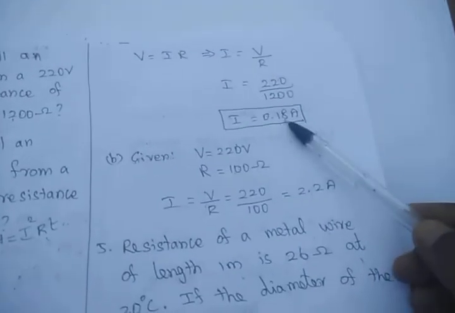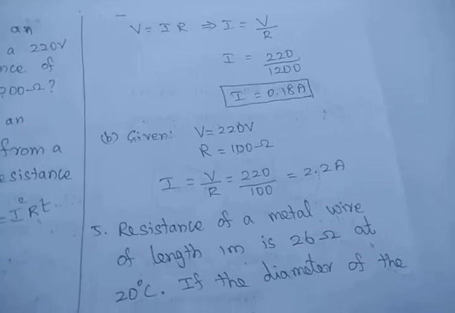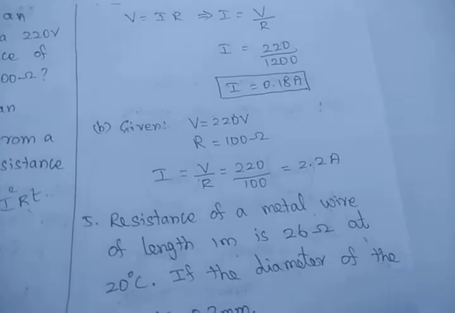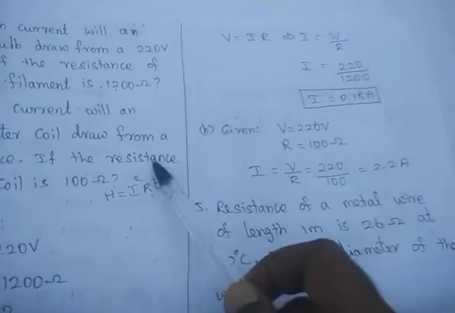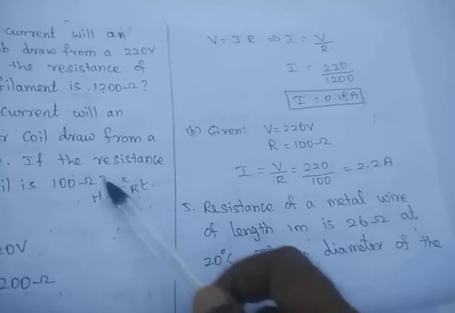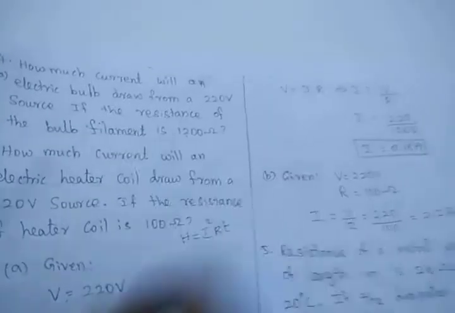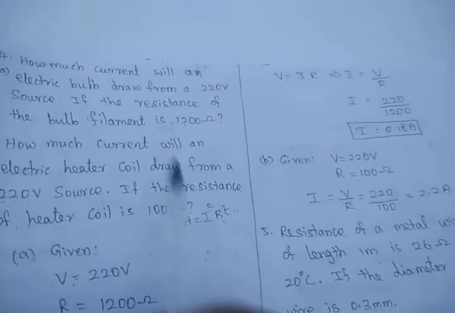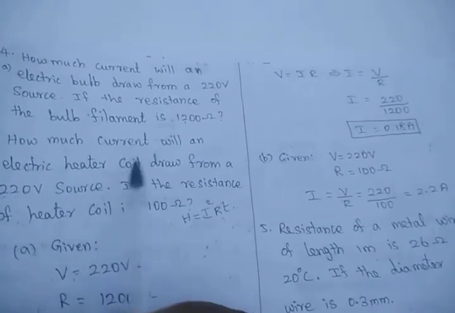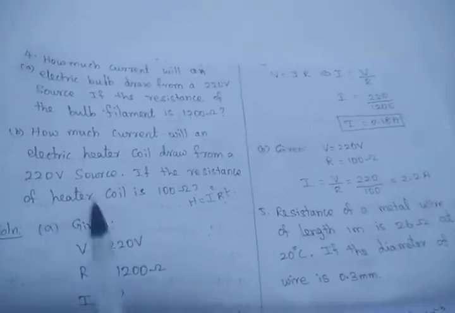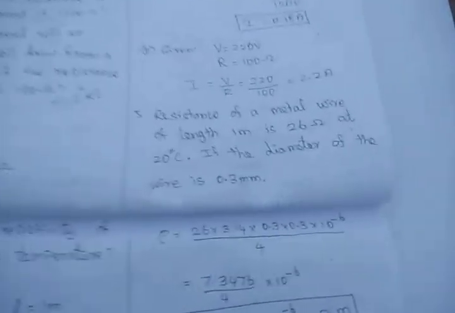For the electric bulb it is 0.18 ampere, and for the electric heater it is 2.2 ampere. Since it is I squared, the current is squared, so more heat will be produced in the electric heater than in the electric bulb. This concept will be useful in electric heating effect problems also. Keep it in your mind. So the next question.